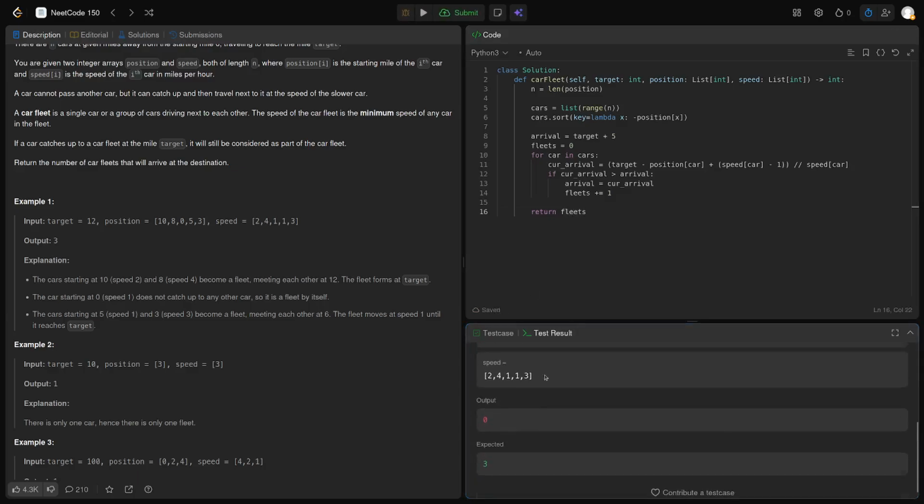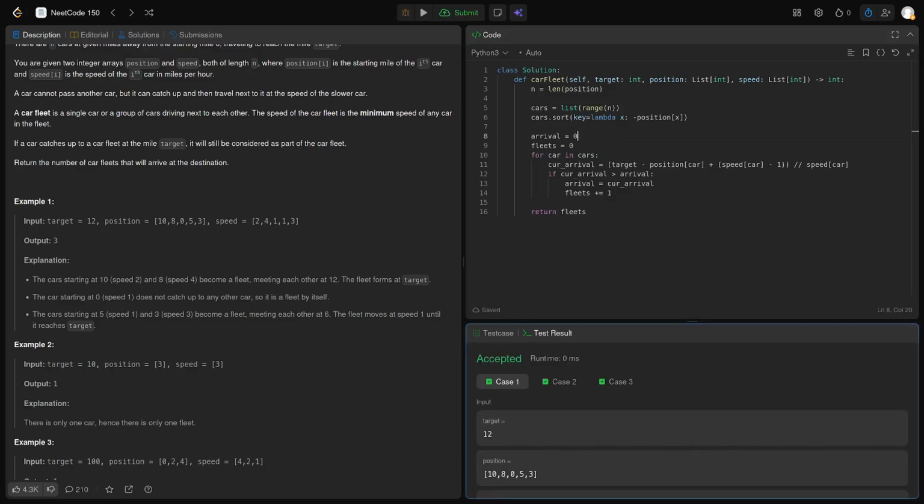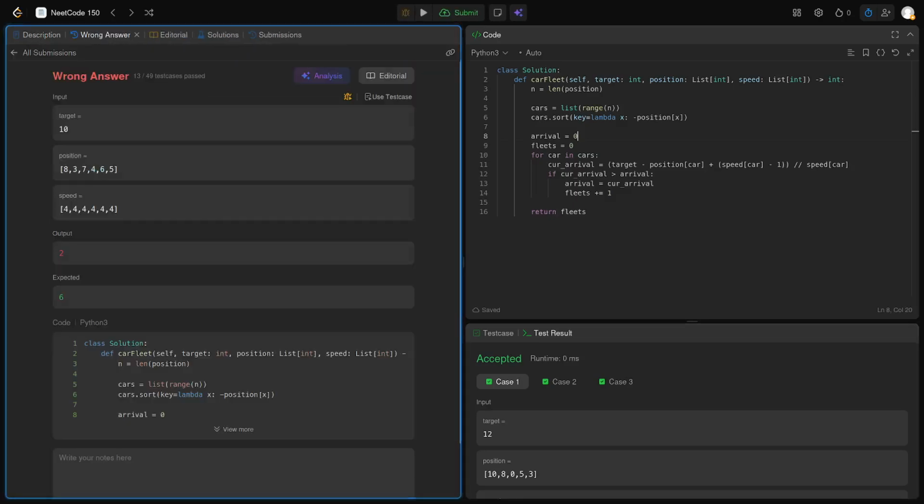Wrong answer, 0. Damn. So let's do this. Okay, I was a little worried there that it's going to work immediately. Okay, so I should just do a straight up division like this.